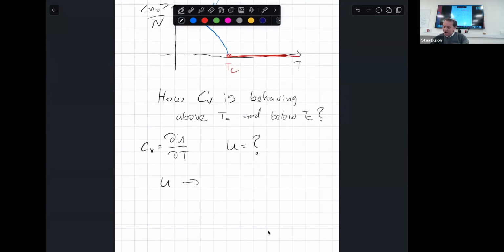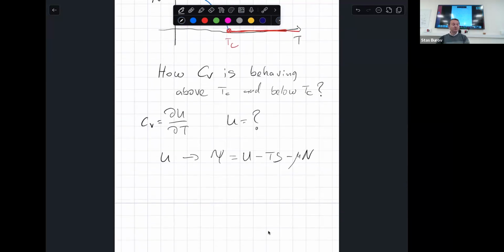U is somehow related to the grand canonical potential. If you remember, psi equals U minus Ts minus mu N. Now psi we know.